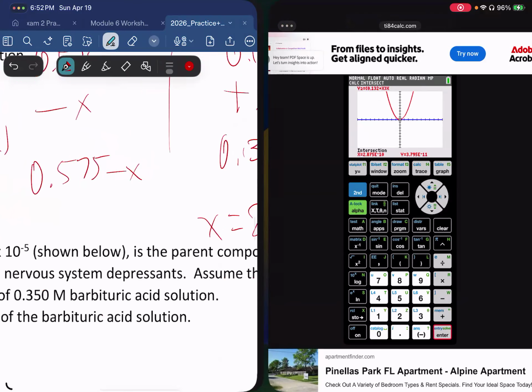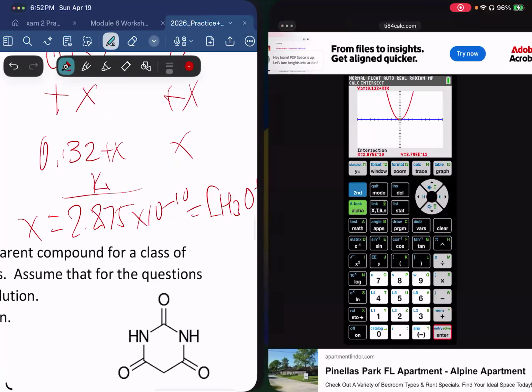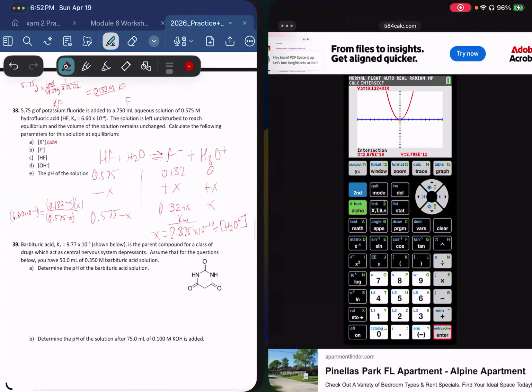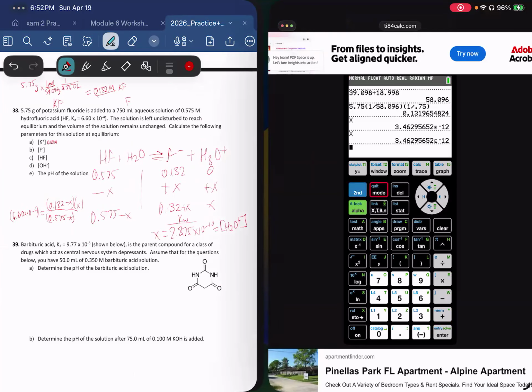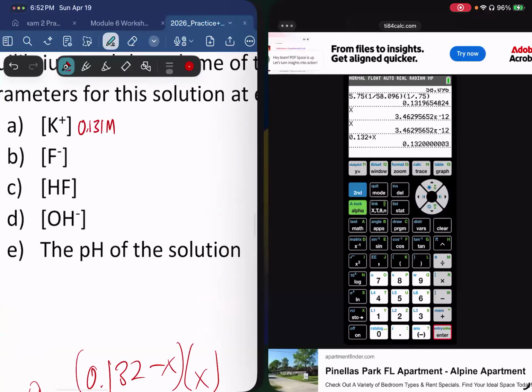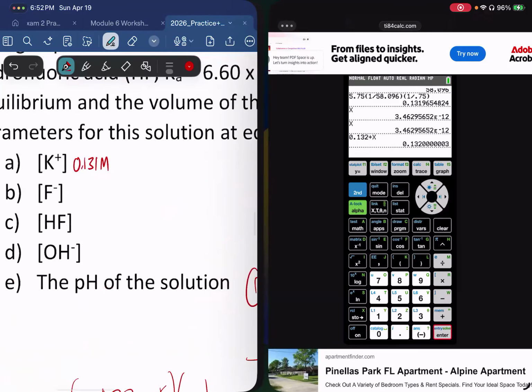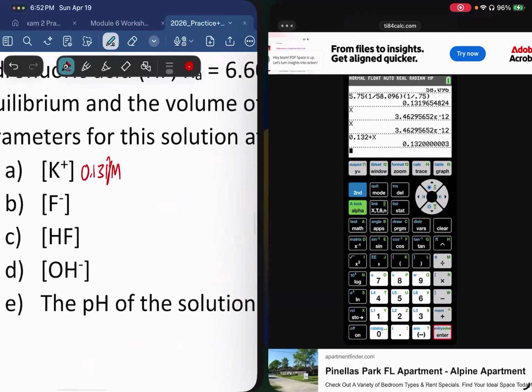I can take this hydronium concentration and divide it by Kw to get the hydroxide, and then add the X values to get the other concentrations. So 0.132 plus X is this value, so it's still 0.132.